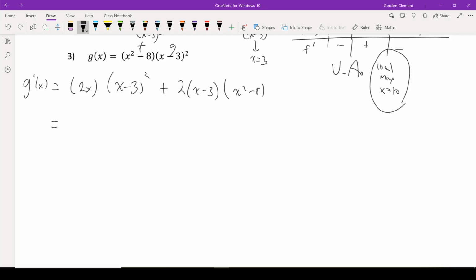I'm going to common factor, so I can common factor out an x minus 3. So there we have that. I can actually also common factor out that 2, so I might as well do that. So I'll factor out the 2 and the x minus 3, and that's what I should be left with.